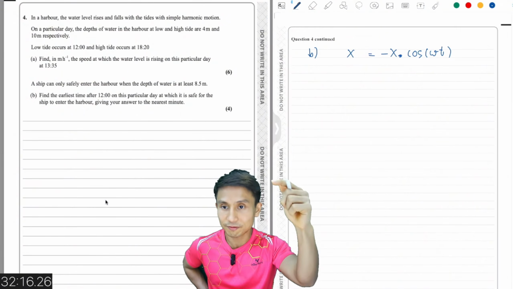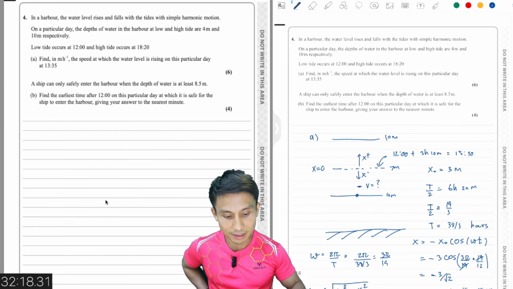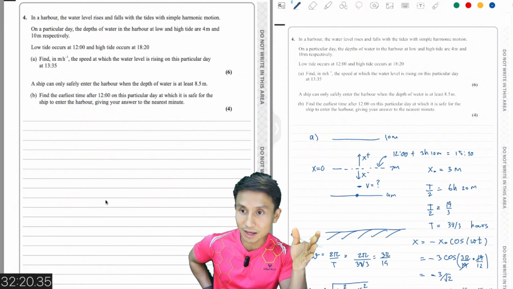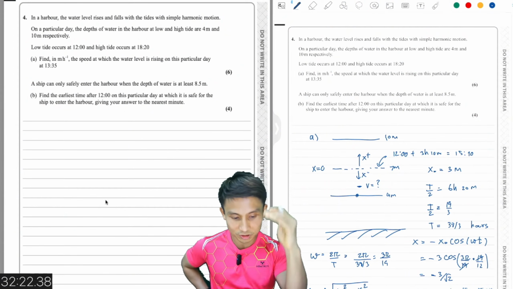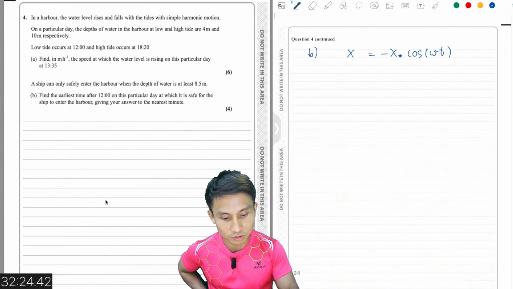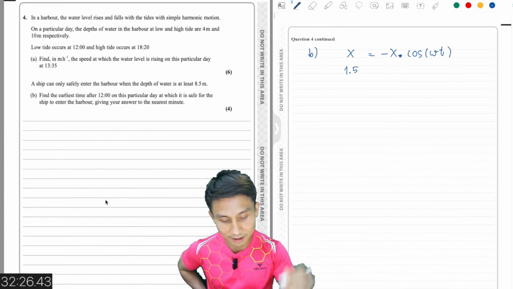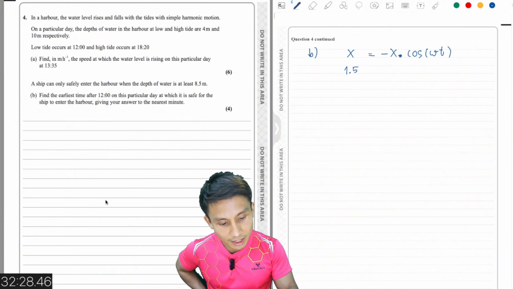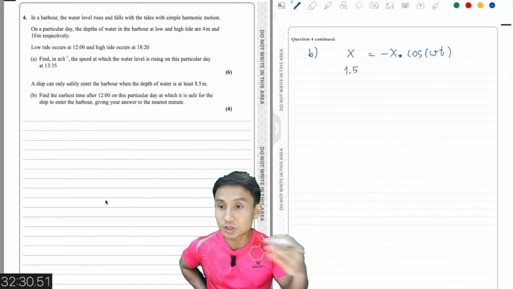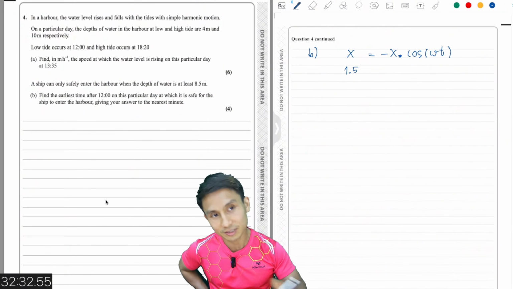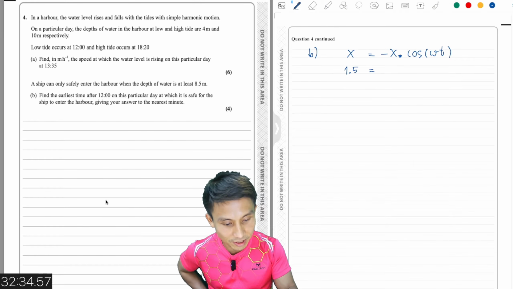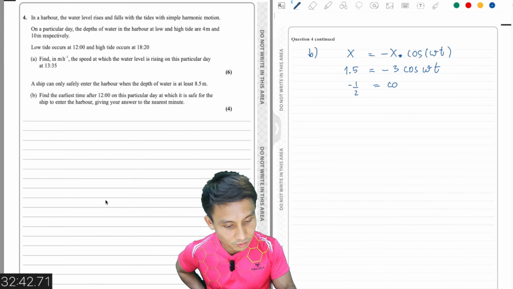But then it is 8.5 above the ground, so it's just 1.5 above the equilibrium. So we put this as a positive 1.5. And then it should be an obtuse angle for the cos, because cos is negative, then you get a positive value here. So this is minus 3 cos omega t, yeah? So that's just minus 1/2 equals cos omega t.